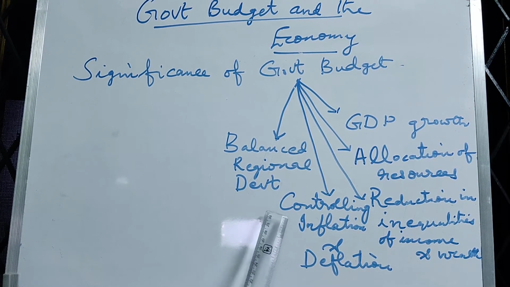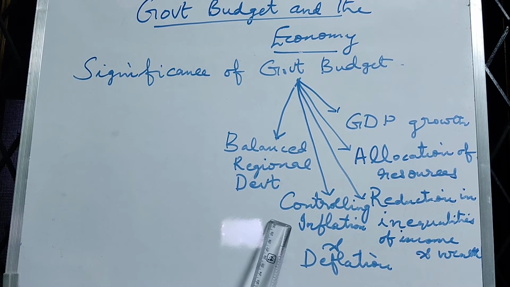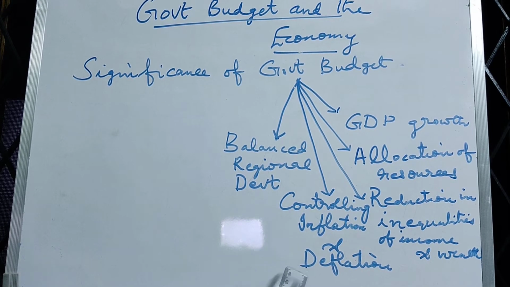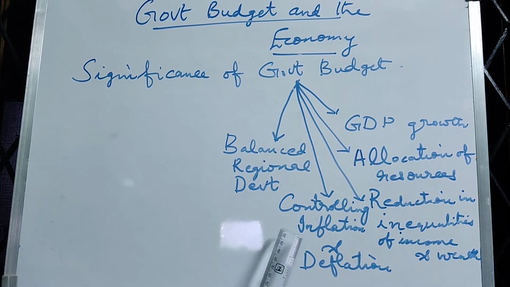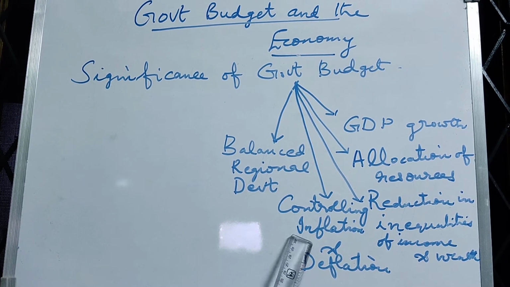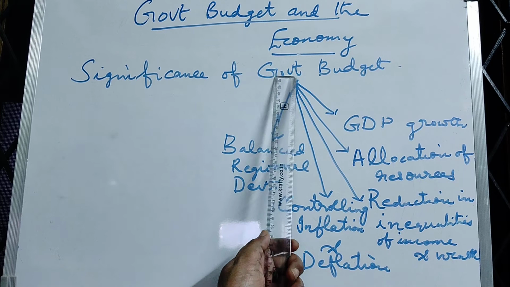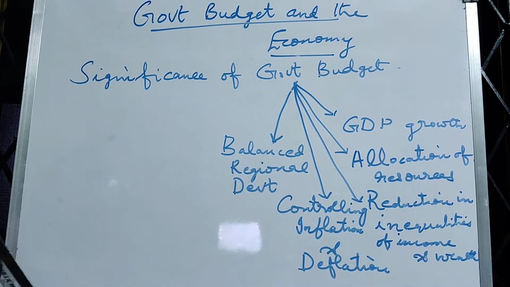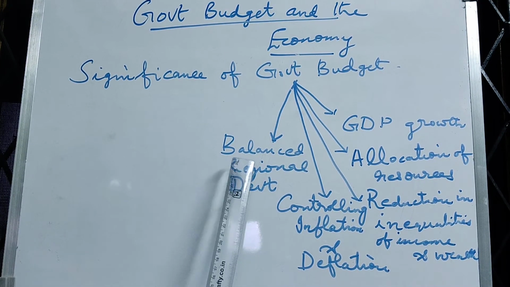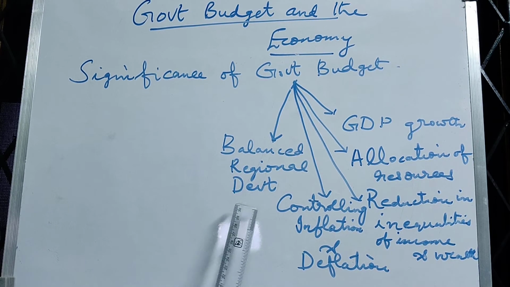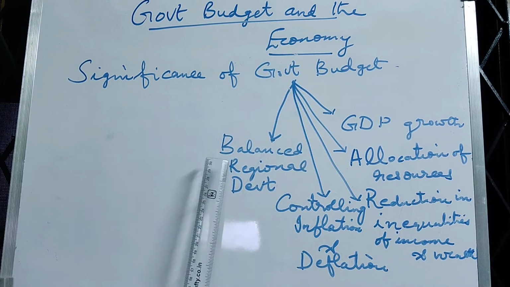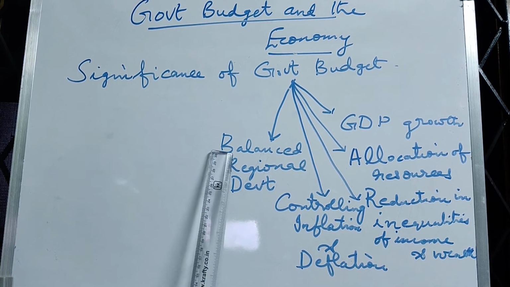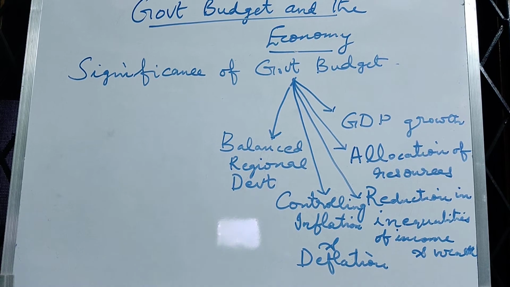Fourthly, there are 2 extreme economic situations in an economy, inflation and deflation. Through the budget, we can solve the problem of inflation and deflation. And the last one is balanced regional development. Through the government budget, we can achieve the objective of balanced regional development.